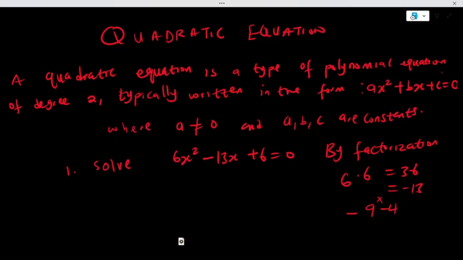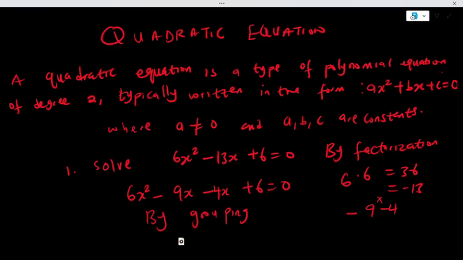So we now go like this: 6x squared minus 9x minus 4x plus 6 is equal to 0. From here, by grouping, we group it into pairs.